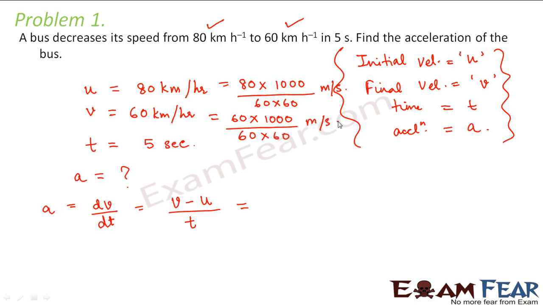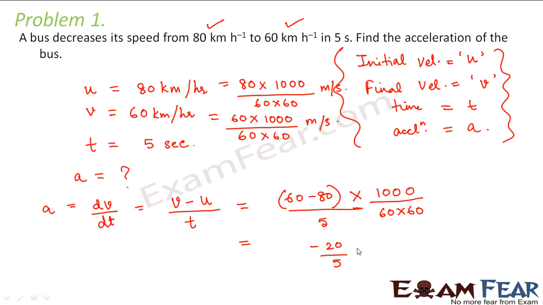So this becomes 60 minus 80 into 1000 divided by 60 into 60, divided by t, which is 5. So this is minus 20 divided by 5 into 1000 divided by 60 into 60. From this we get minus 1.12 meter per second square.